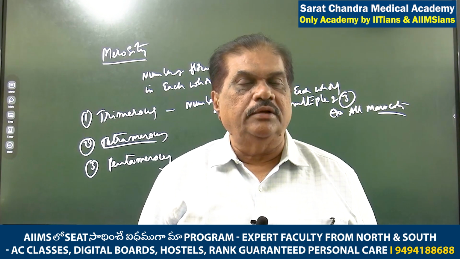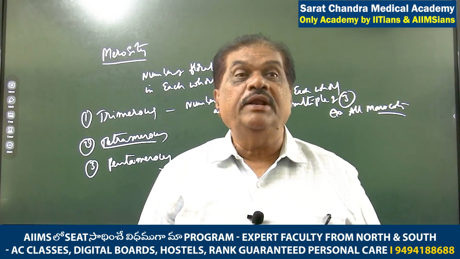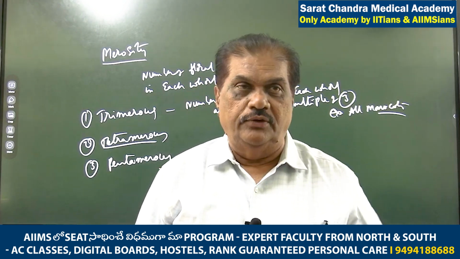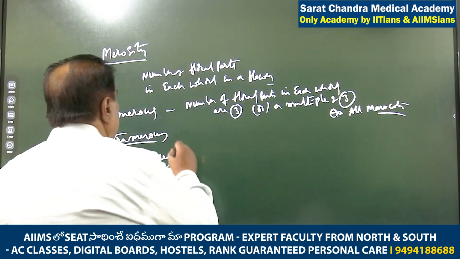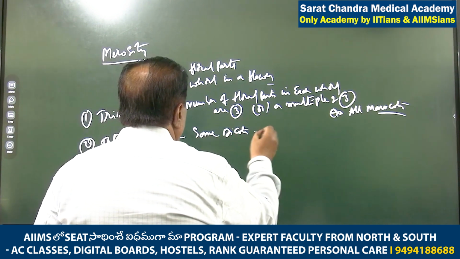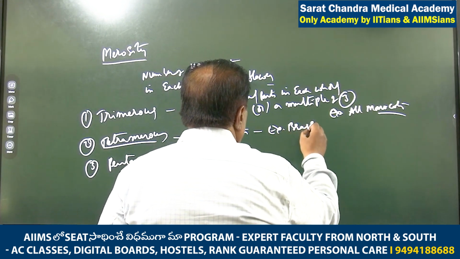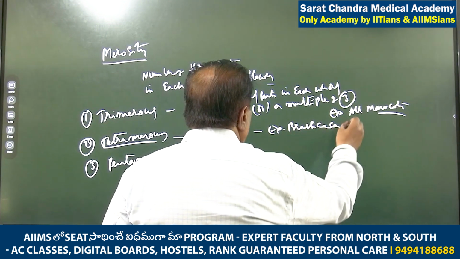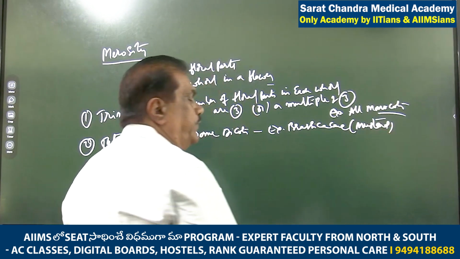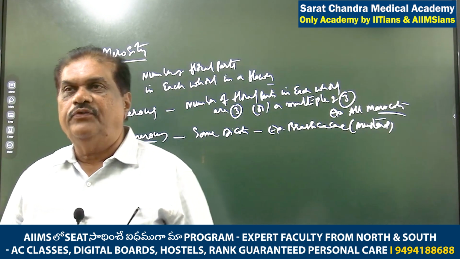That is called tetramerous. The tetramerous condition can be observed only in some dicots, not in all dicots. Example, Brassicaceae members, that is mustard. All the members of Brassicaceae show the tetramerous condition. Brassicaceae is a dicot family.